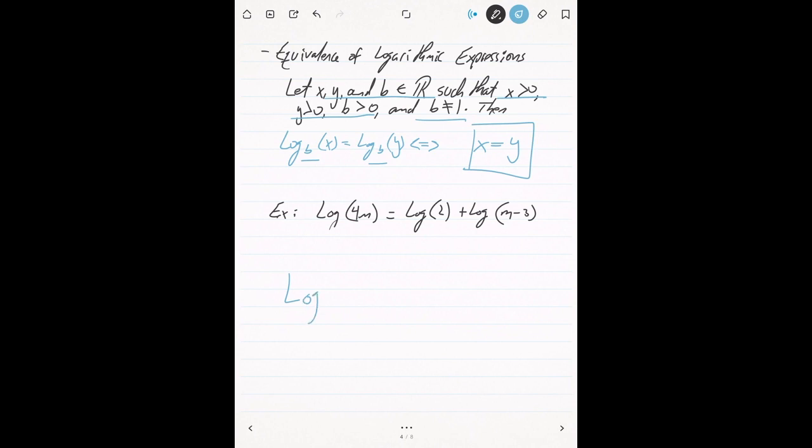If I had log base 5 of some number equals log base 5 of 2, well, aren't these really just the same thing? Because we're saying they're equal to each other. Everything is the same here. The only thing missing is the argument, so obviously that should be a 2.